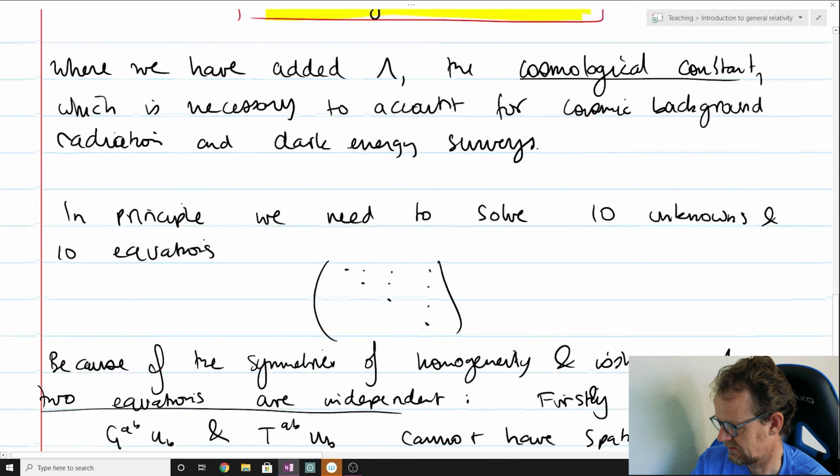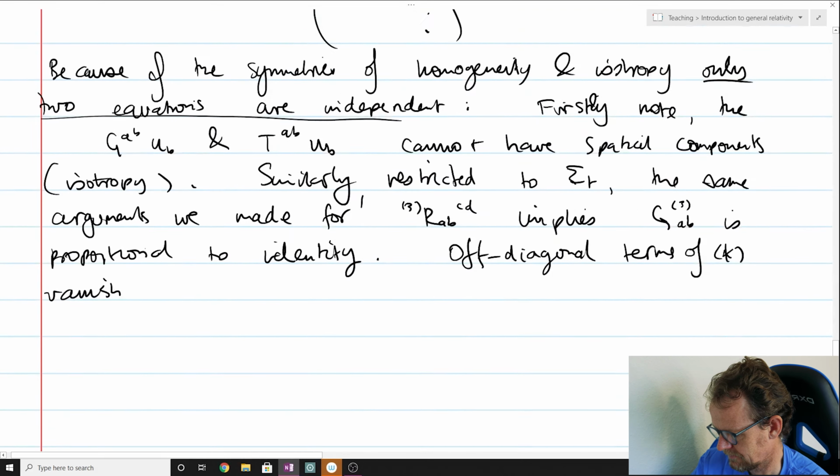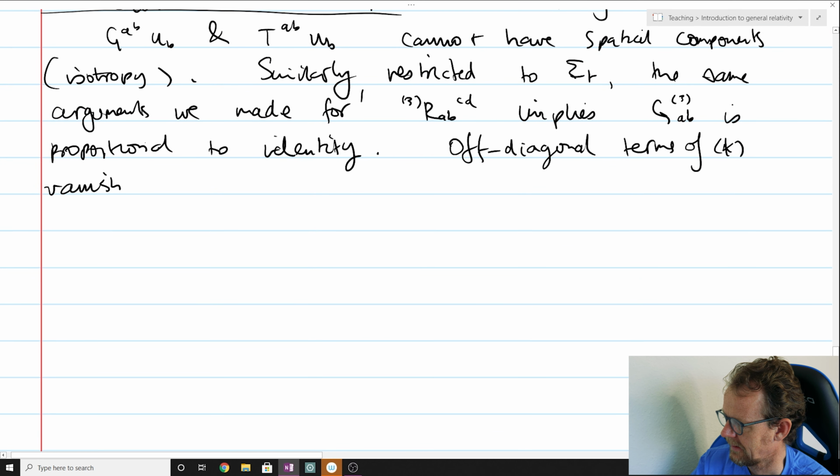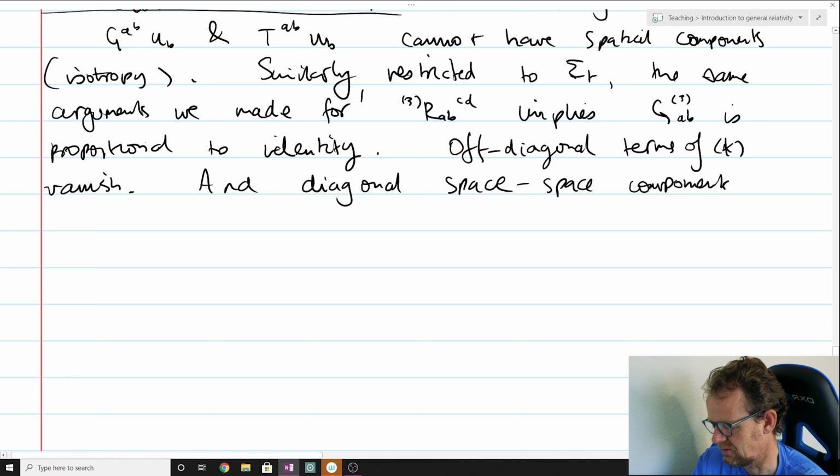So if you recall, star is Einstein's field equation with cosmological constant. And the diagonal space components are equal. These are effectively induced by the eigenvalues of GAB on sigma t.